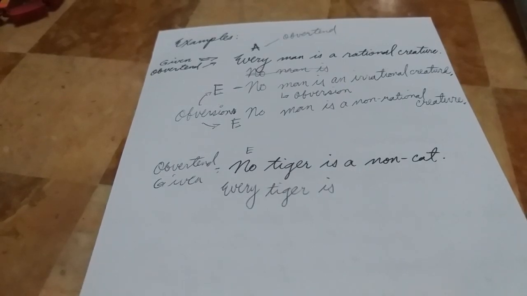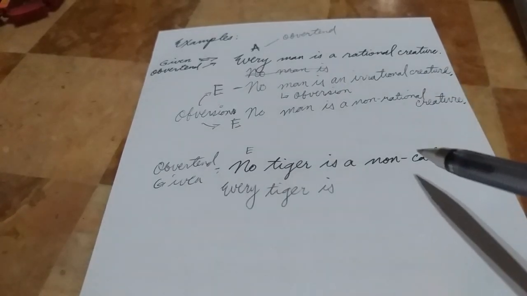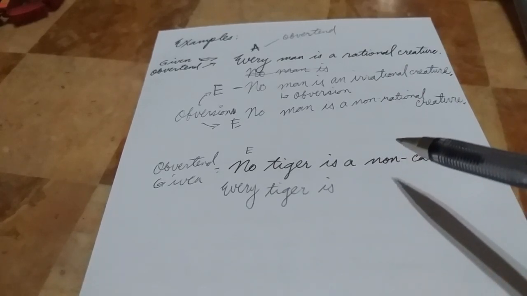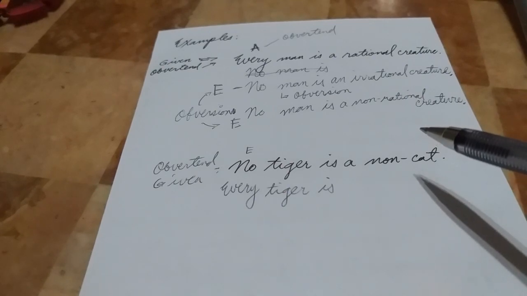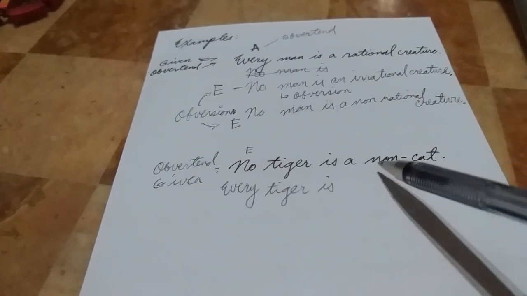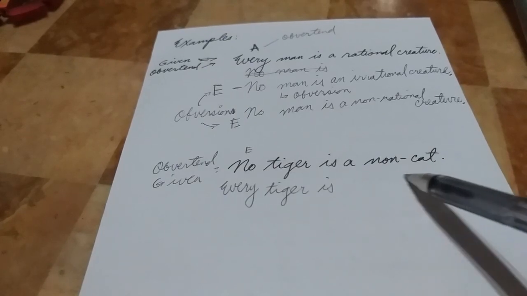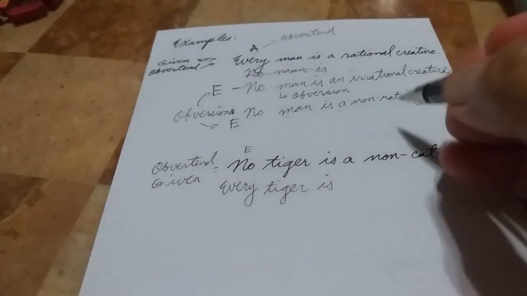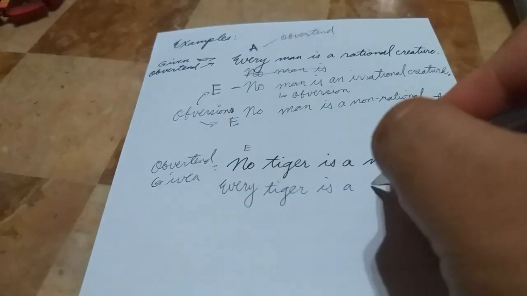Then the third step is to contradict the predicate term. So from non-cat into is a cat.